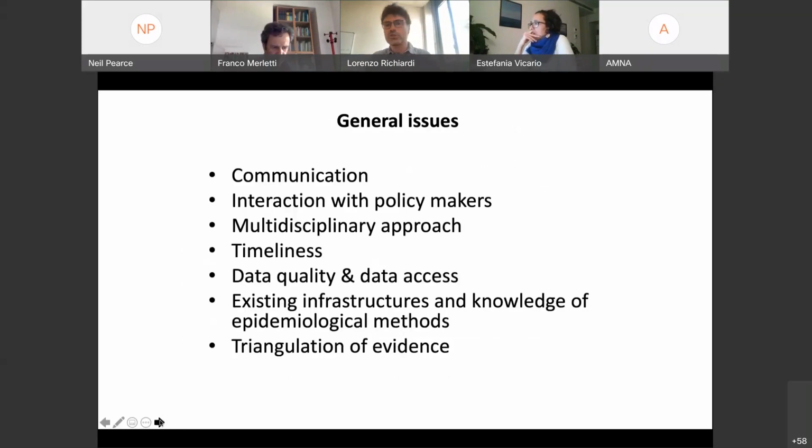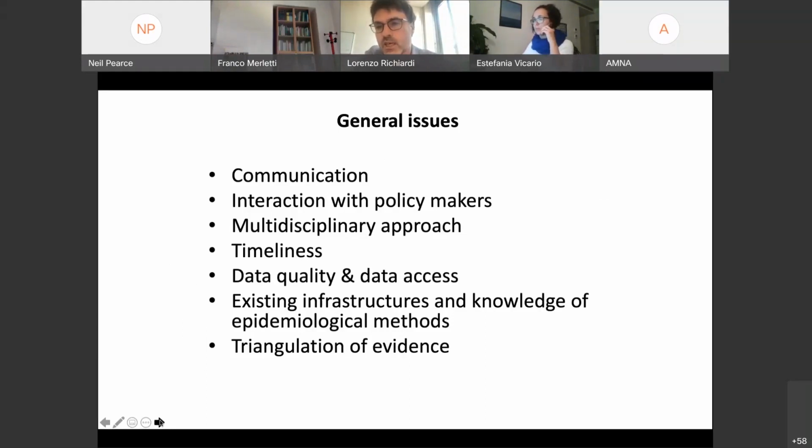We learned a lot during this year about general issues that are important when it comes to epidemiology. It's not only a technical discipline, but we also need to communicate the results and interact with policymakers. We reinforce this concept that epidemiology is a multidisciplinary approach. Time matters a lot.